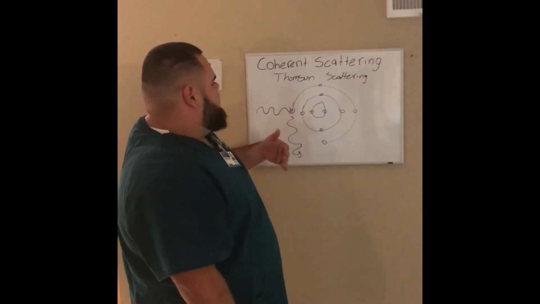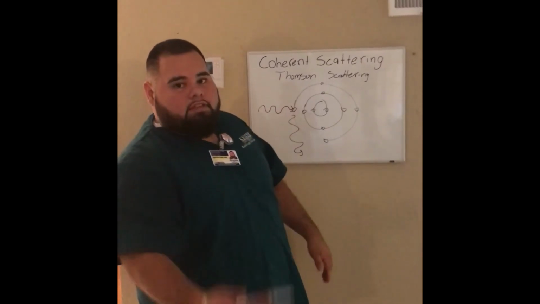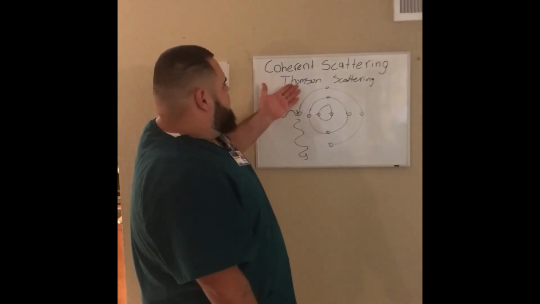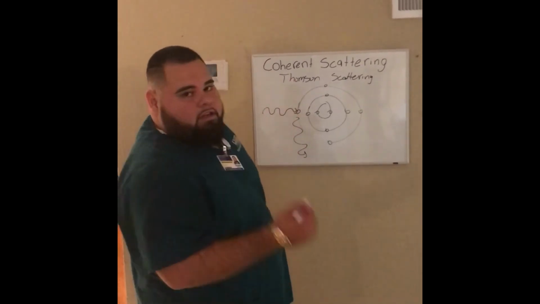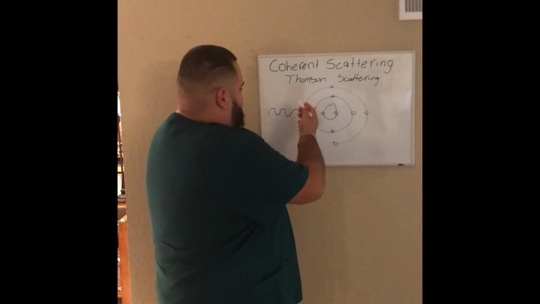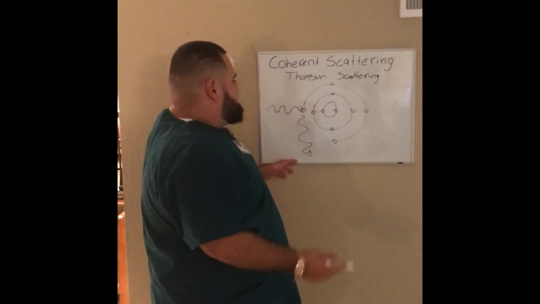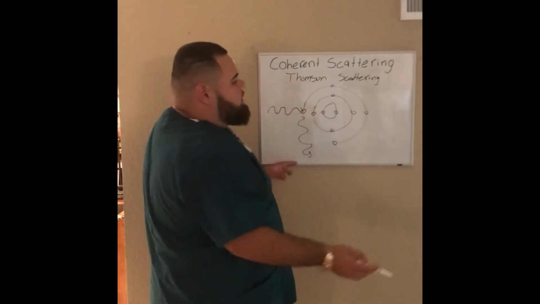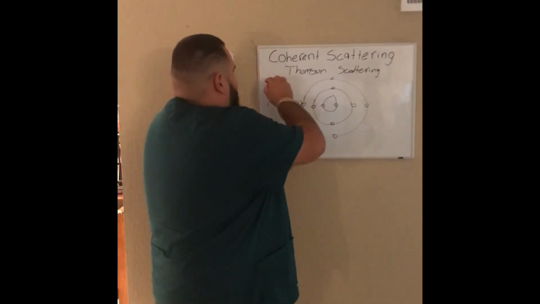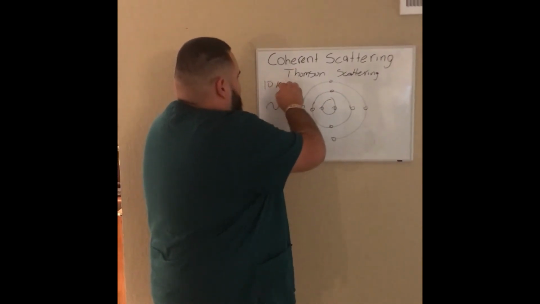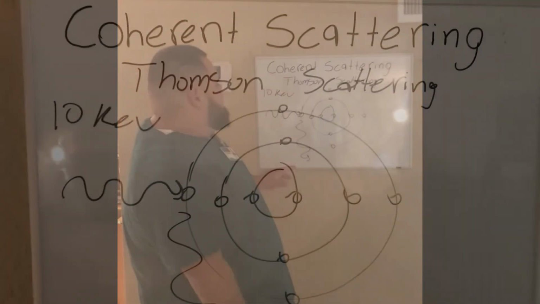In Rayleigh scattering, the X-ray photon interacts with the entire atom, so that makes Thomson different because it only interacts with one electron. The exiting electron is the same wavelength, so the energy would still be the same as the entering. And just like in Rayleigh, Thomson only occurs with 10 keV, or less.